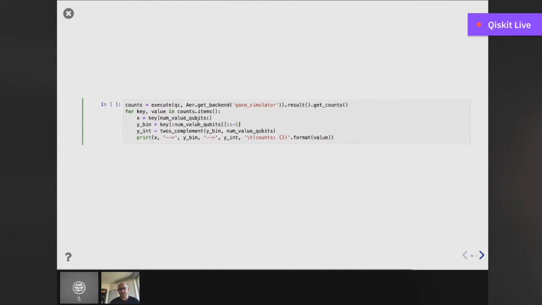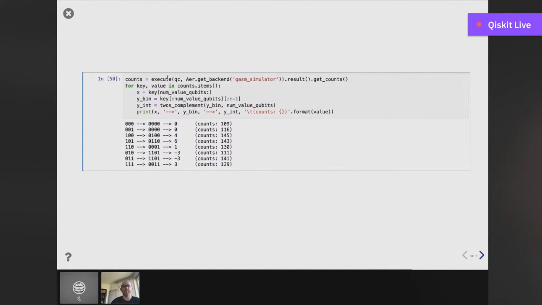If we look what comes out here, then these are the counts. You have here in the first column the input of the control qubits. And in the second column, you have the 2's complement representation of the result. And then here you have the integers. And you see if we have 0, 0, 0, then we don't add anything, we get a 0.